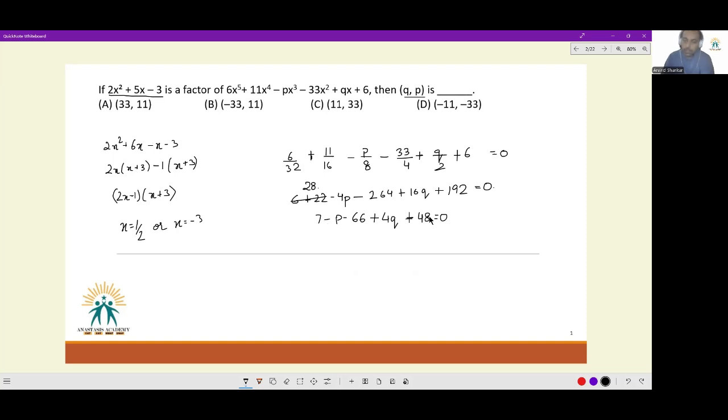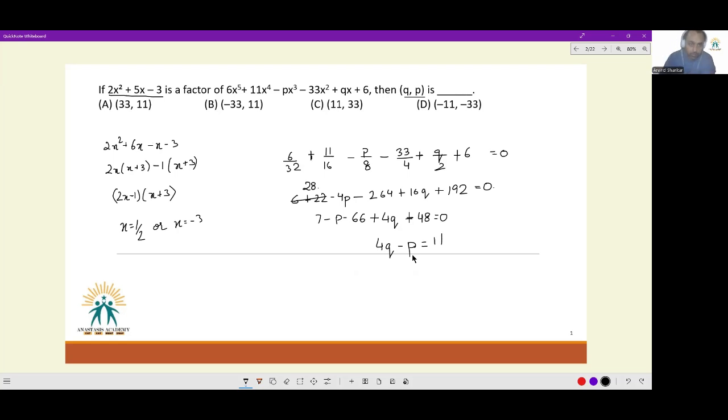So 7 plus 48 is 55. 55 minus 66 gets me minus 11 on the other side. So 4q minus p should be equal to 11.